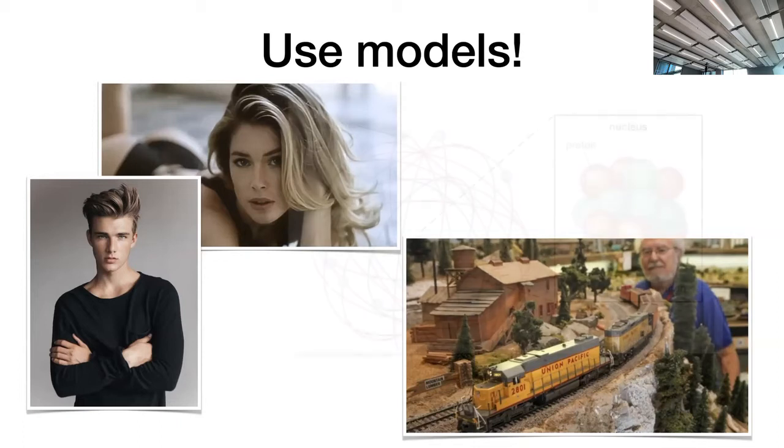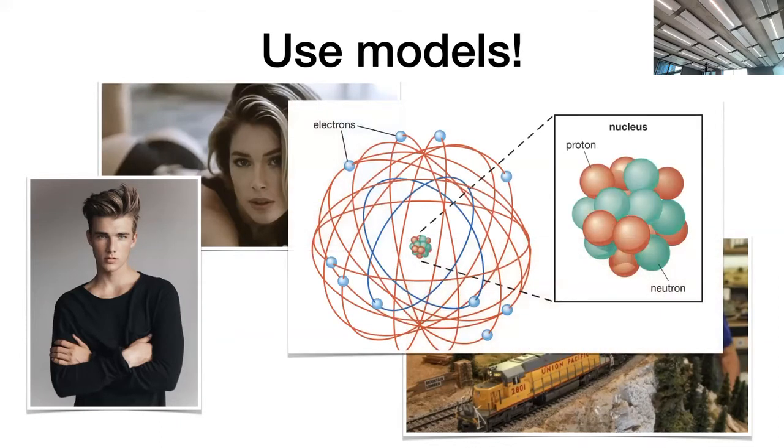But the specific type of model that we're interested in here is that of the scientific model, right? So what I'm showing you here is the Rutherford model of the atom, where you have a nucleus in the center and the electrons are orbiting around it, yeah? This representation, we all know because we saw it in grade school or high school, right? That we first encountered this really early on.